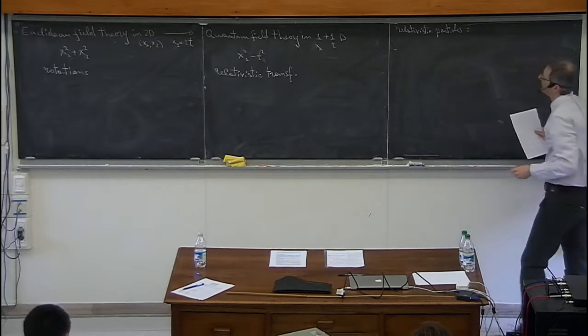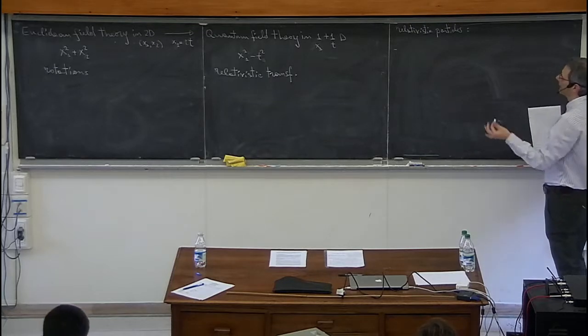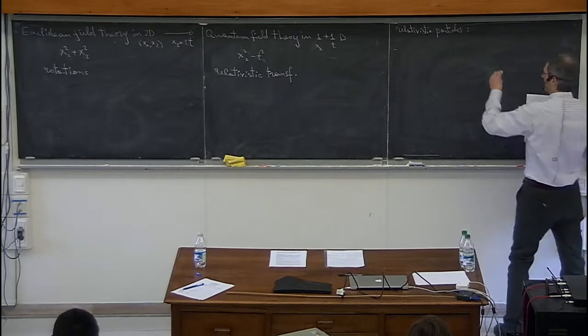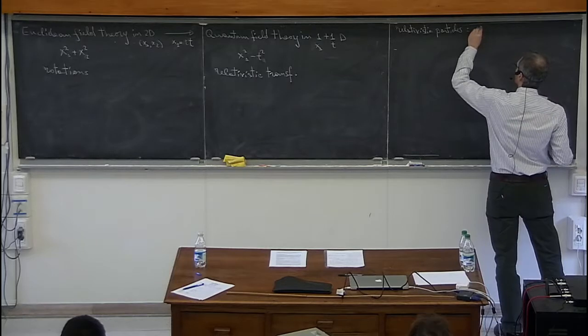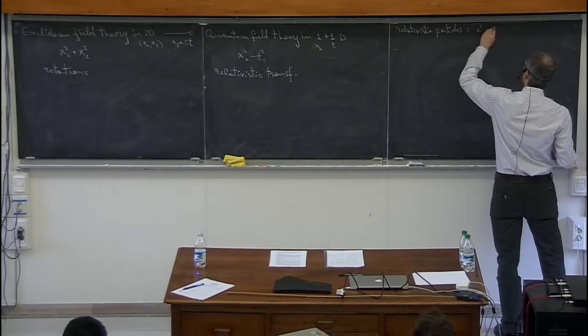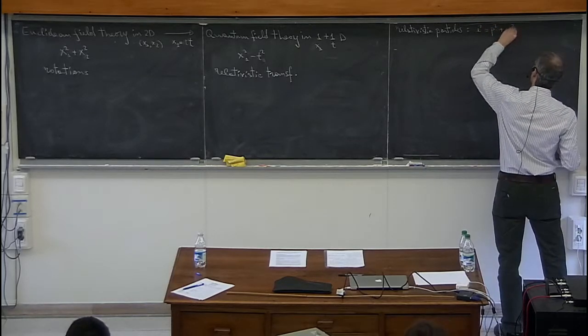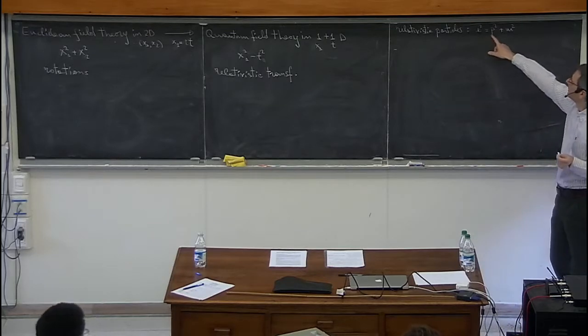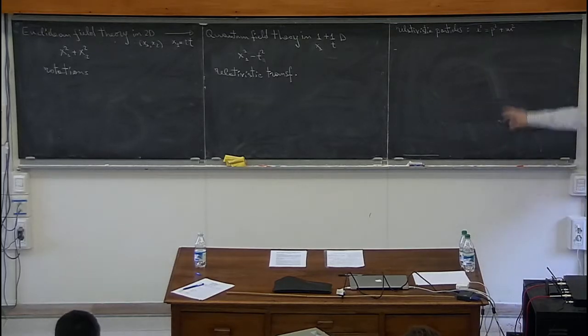Relativistic particles means that the energy and momentum are related by this dispersion relation: epsilon squared is p squared plus m squared. So epsilon is the energy, p is the momentum of a particle, and m is its mass.